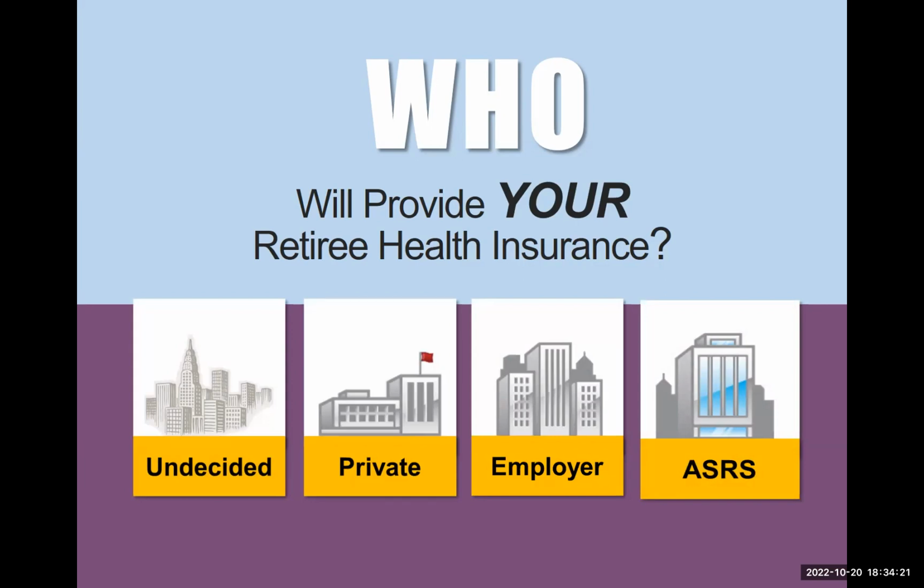Maybe you're going with AARP. Your employers, maybe they have some subsidy, or going with their COBRA program. Or maybe you can also enroll in your spouse's insurance if they're still working and on their employer health insurance. And then, of course, there is ASRS.